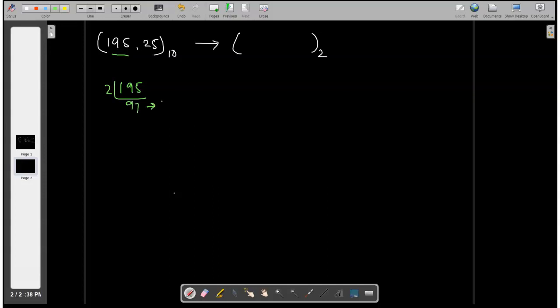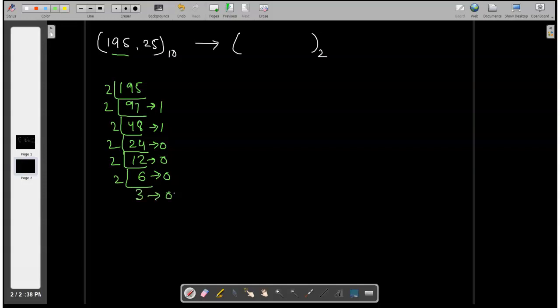So 97 remainder 1. 48 remainder 1. 24 remainder 0. Please try it on your own. 12 remainder 0. 6 remainder 0. 3 remainder 0. And finally 2 ones are 2, remainder 1.